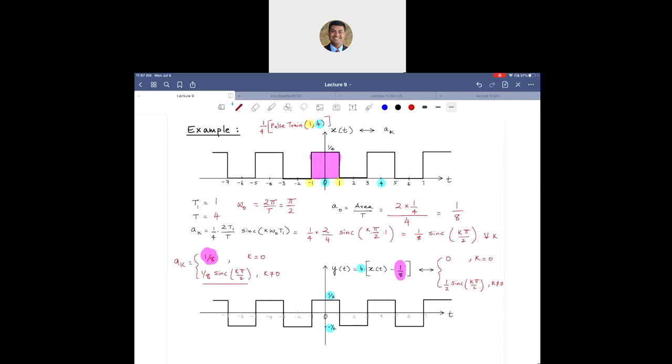So this was 0 for k equals 0 and half sinc k pi over 2 for that, but this also has a horizontal shift. So the horizontal shift is, let's see, -1.